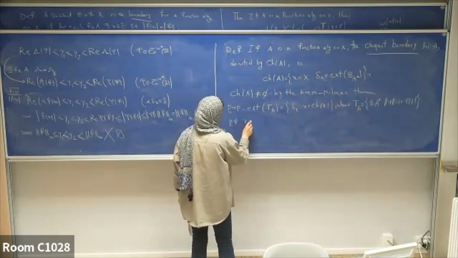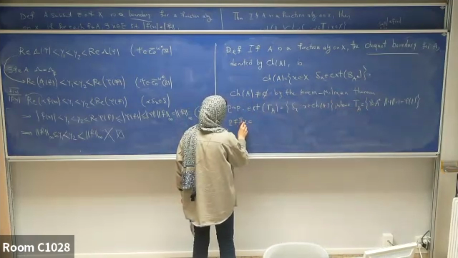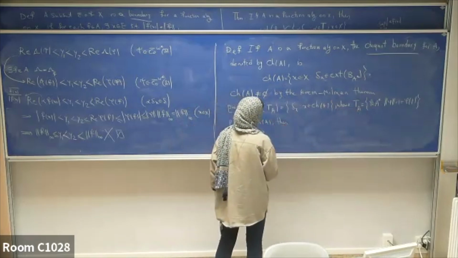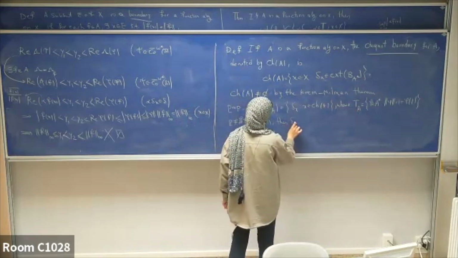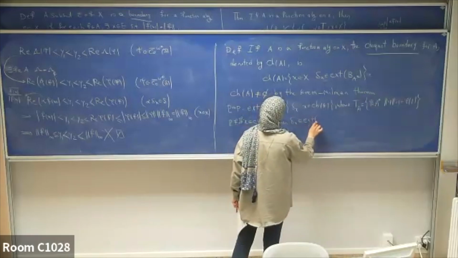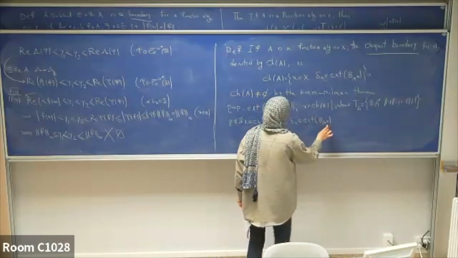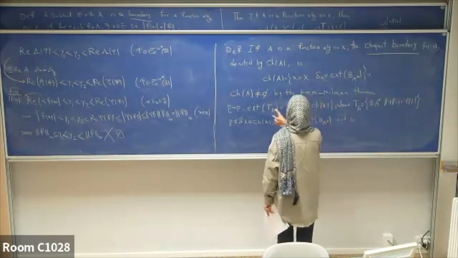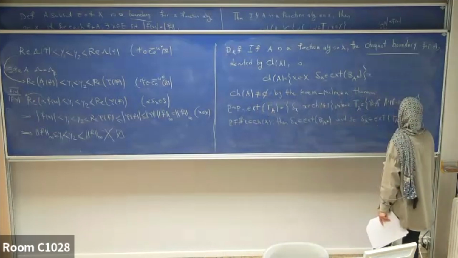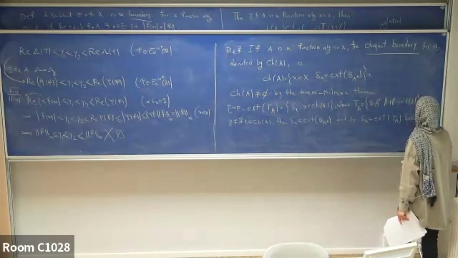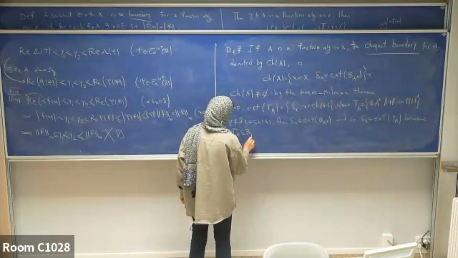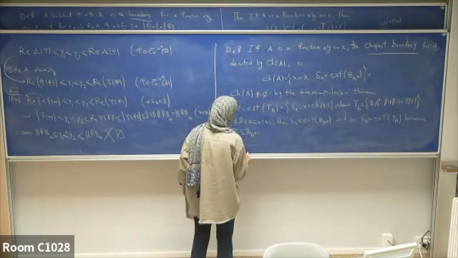because if x is in the Choquet boundary of A, then delta x is, of course, an extreme point of the ball of A star, and so an extreme point of T of A, because T of A is a subset of the ball of A star.